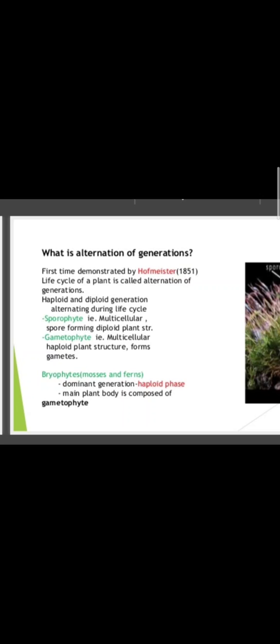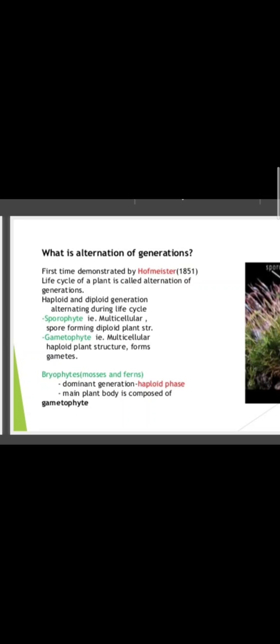Why are bryophytes called the amphibians of the plant kingdom? Because they live on land and they require water for their reproduction. Now, alternation of generation represents the life cycle in the form of haploid and diploid conditions which alternate in the life cycle.